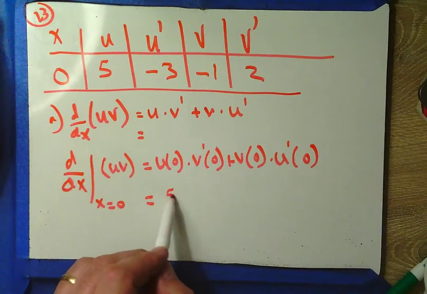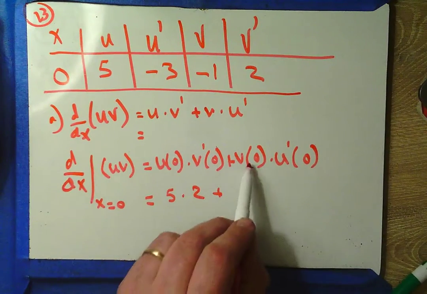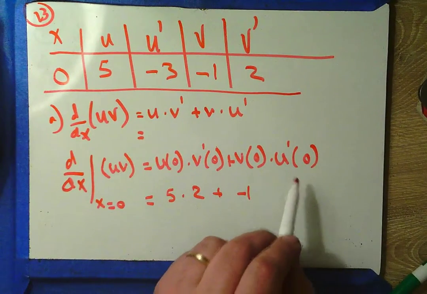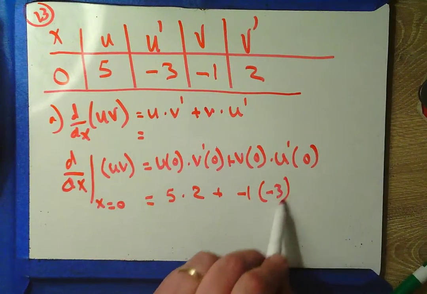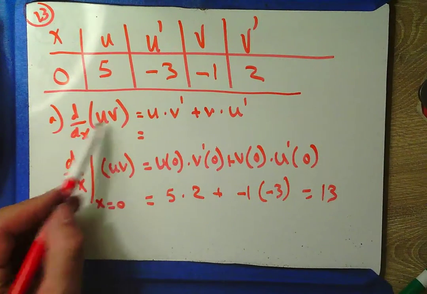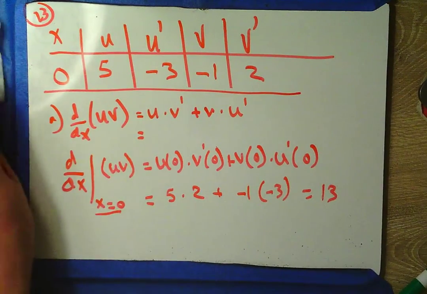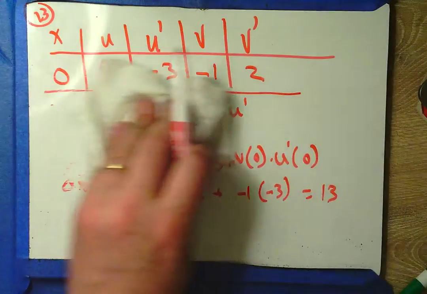Well, u of 0 is 5, v prime of 0 is 2, v of 0 is negative 1, and u prime of 0 is negative 3, and so I end up with 13. The derivative of u times v at 0 is 13. Let's take a look at B.